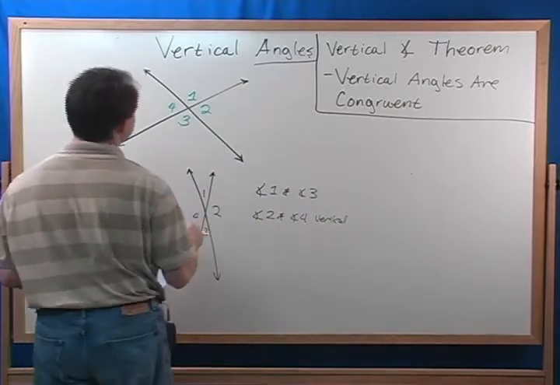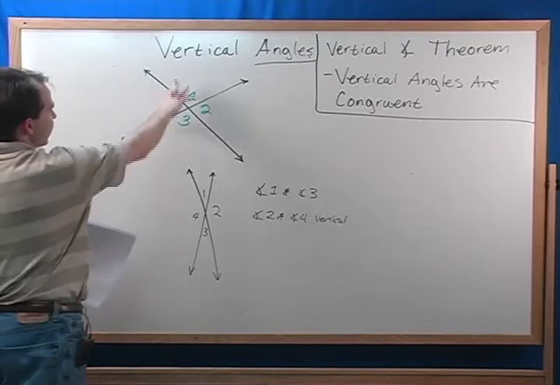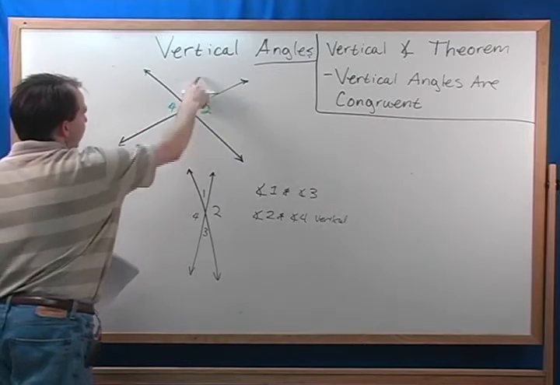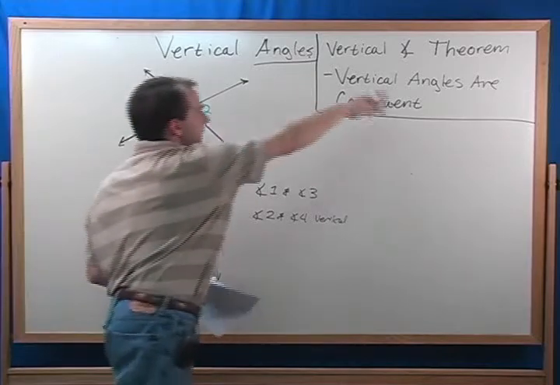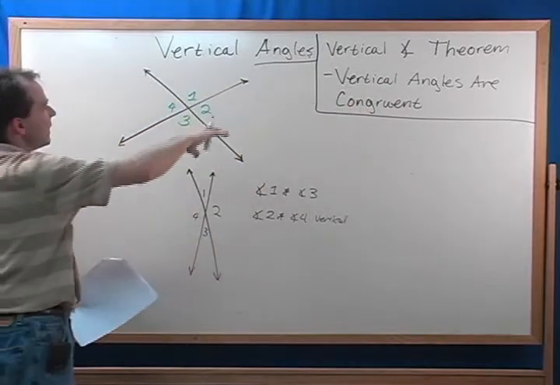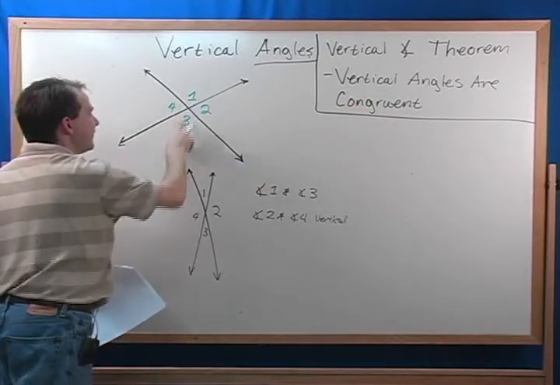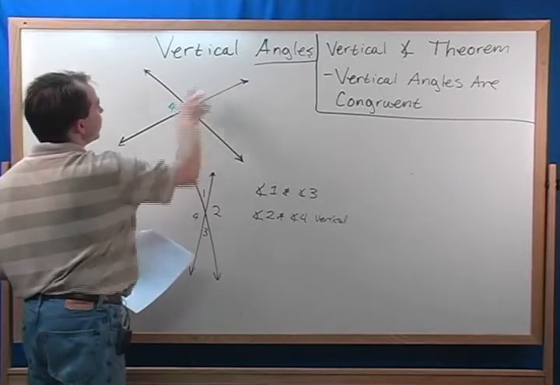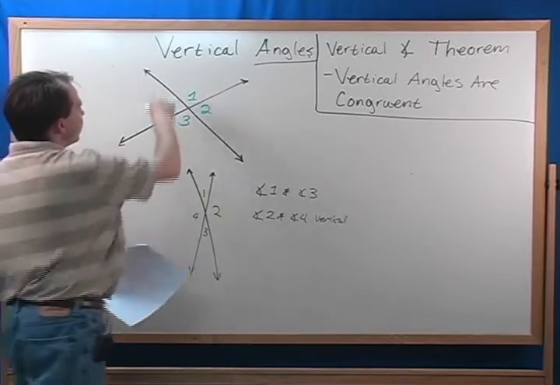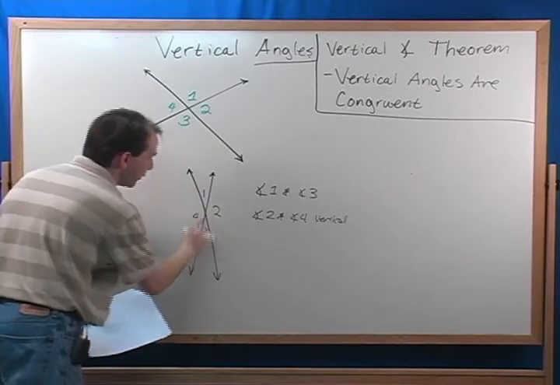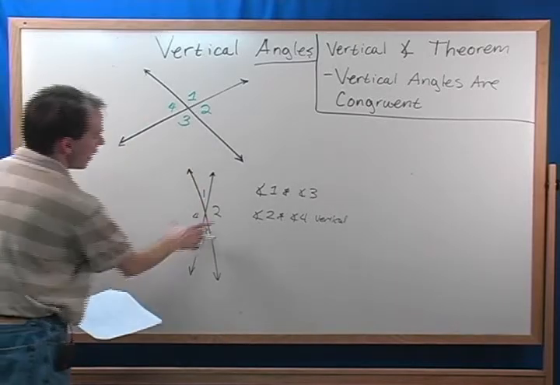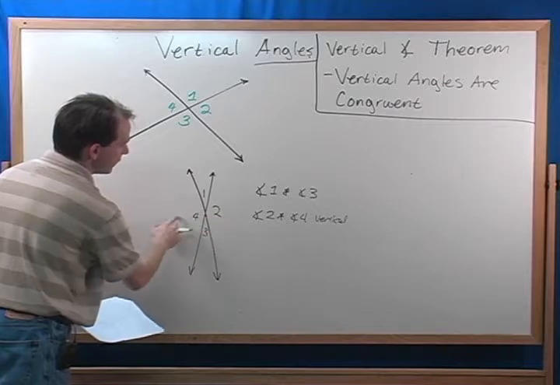Now think about that. What have we said is a vertical angle here? These two angles, opposite, so they're vertical. All it's saying is there's a theorem out there. Somebody figured it out. It's true that angle 1 and angle 3 are always equal. So if this is 45 degrees, this one's always 45 degrees. If this one's 10 degrees, like down here, it's about 10 degrees here, angle 3 is always 10 degrees. Also, these two are vertical angles, 2 and 4.